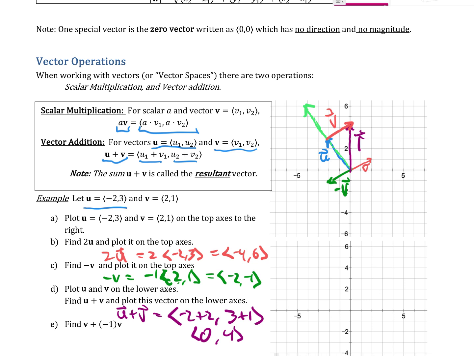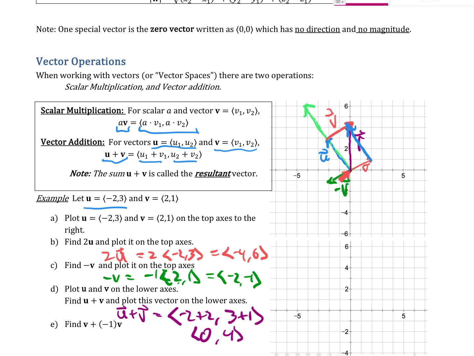What if we wanted to do it in the other direction? What if we wanted to take this blue one and move it over to the end of v? Well, if we move that blue one over there, then we notice we can do red vector plus blue vector and it takes us to the endpoint 0, 4. This is what we call the parallelogram method, because notice I just made a parallelogram.